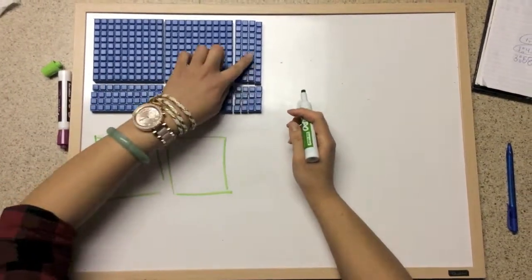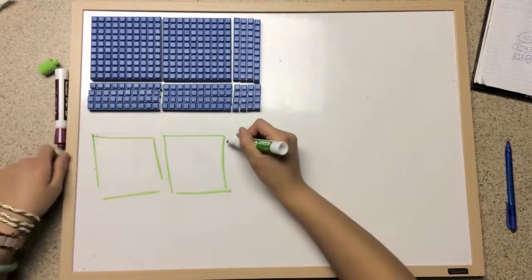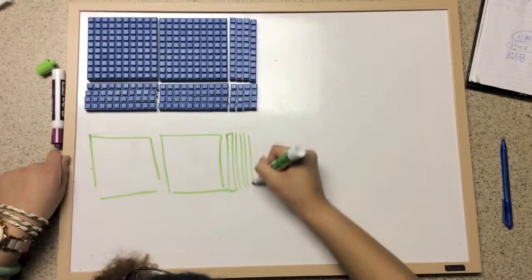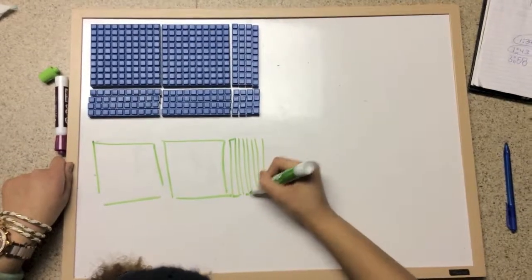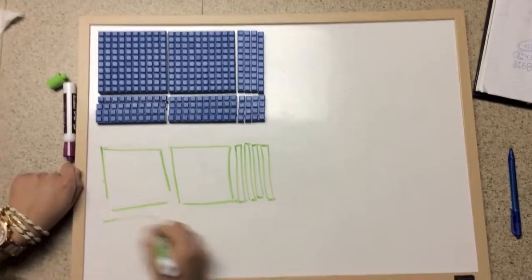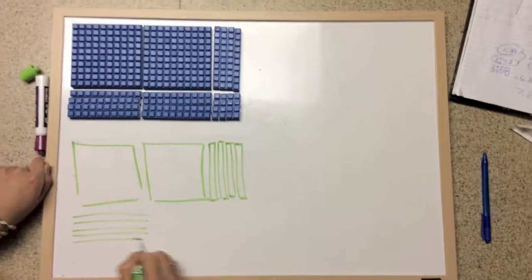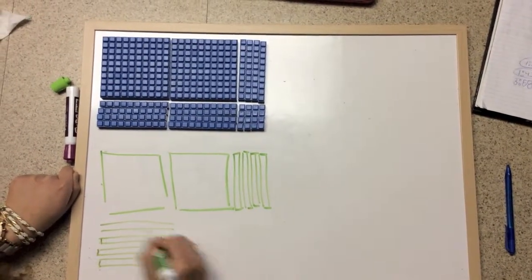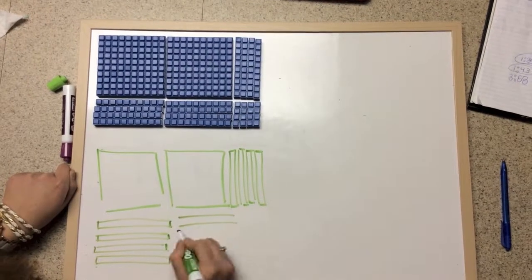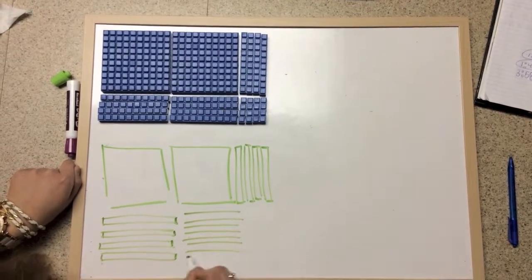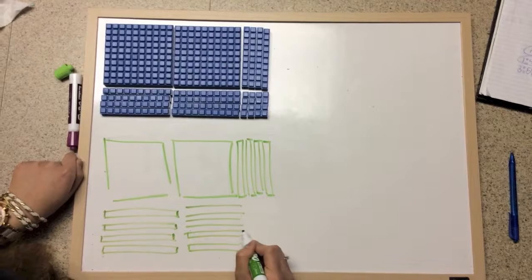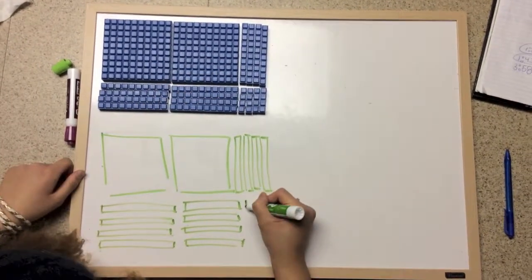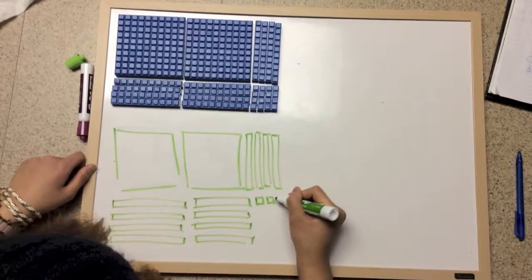And then I actually had 3 groups of 4 10 rods. And then I actually had 16 single 1 units.